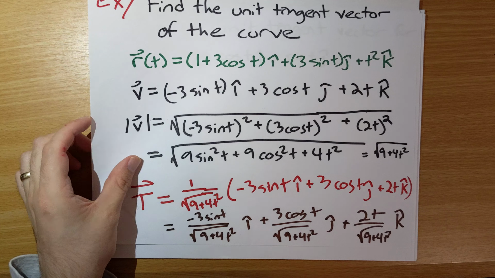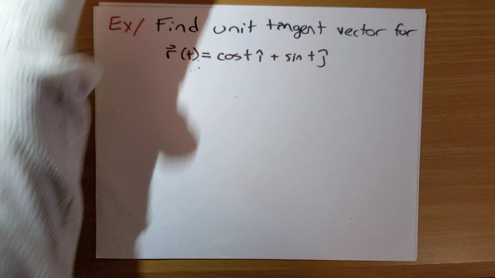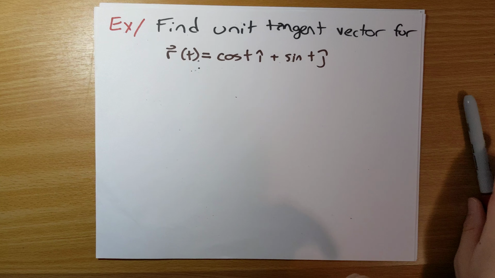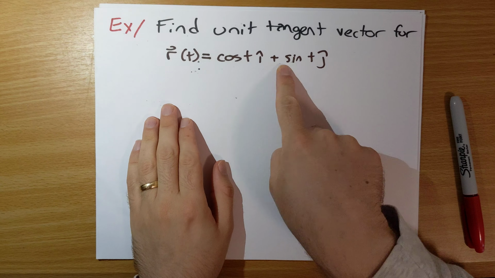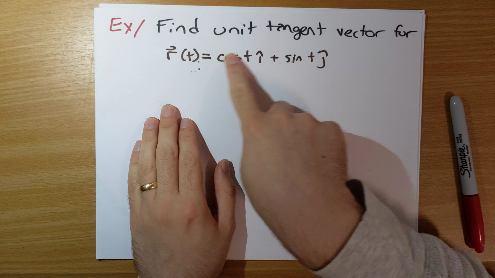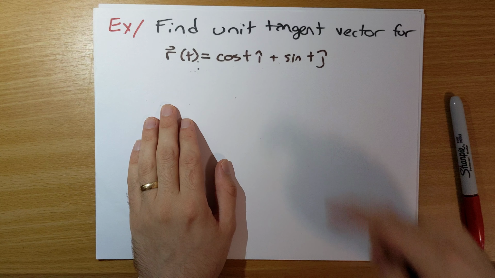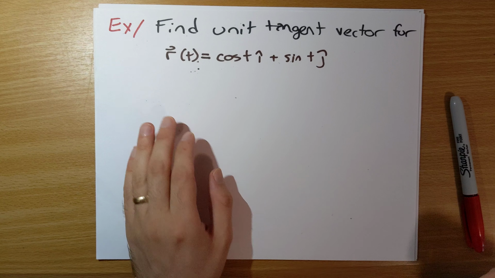Okay, so this is all well and good. Let's do one last example to wrap up this video, this section, actually to wrap up this chapter for us. Find the unit tangent vector for a very simple example: r of t is cosine t i hat plus sine t j hat. The k hat component is 0.